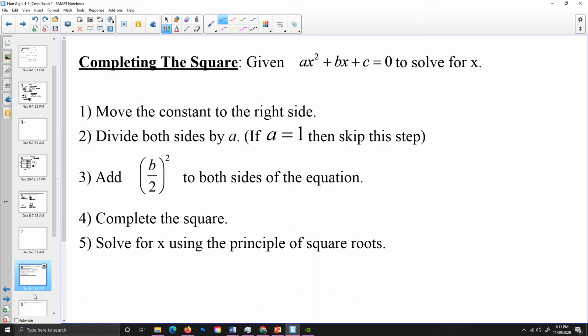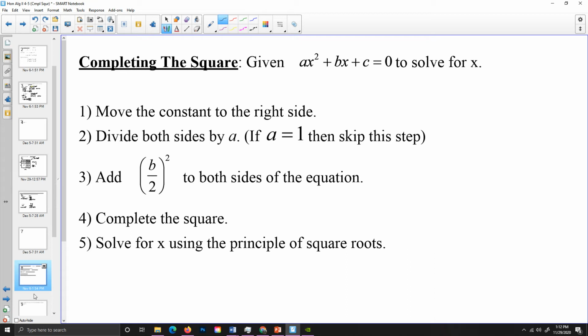Completing the square. If we're going to solve equations using completing the square, we're going to start with ax squared plus bx plus c equal to 0. I'll solve for x. And so here's what we're going to do. And these are the steps for all of them. We're going to move the constant to the right-hand side, so that we'll subtract c from both sides.